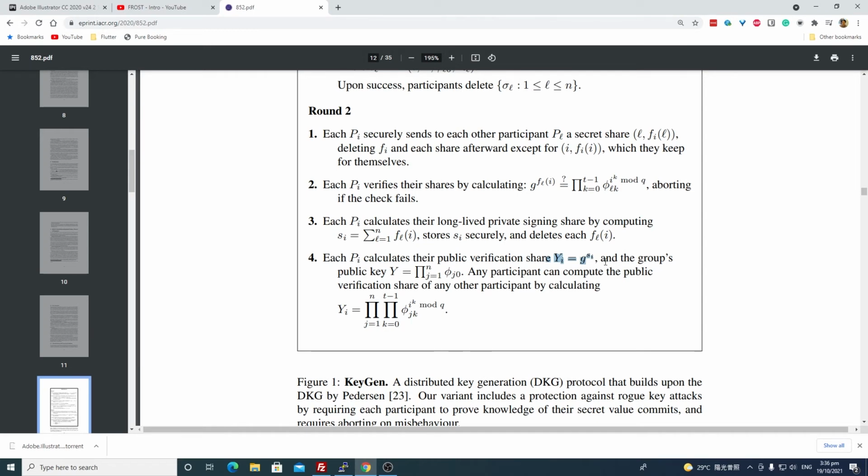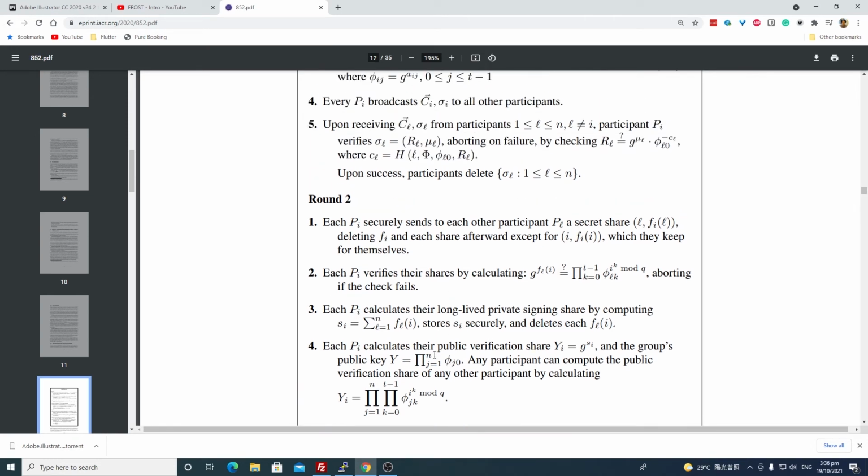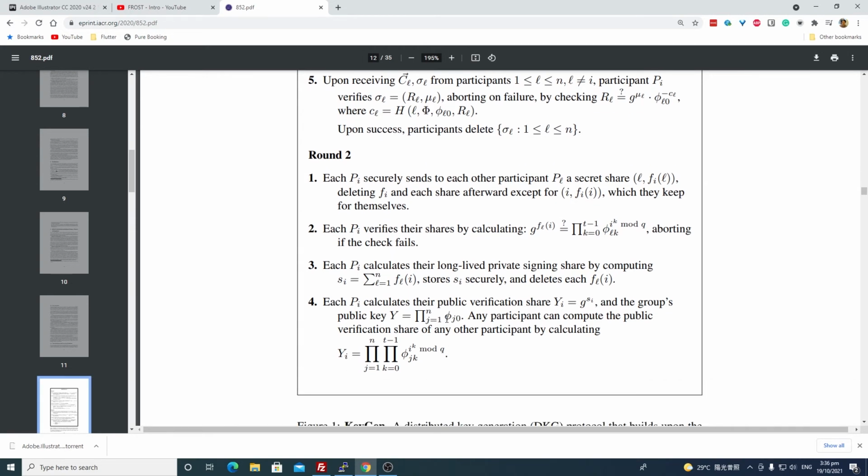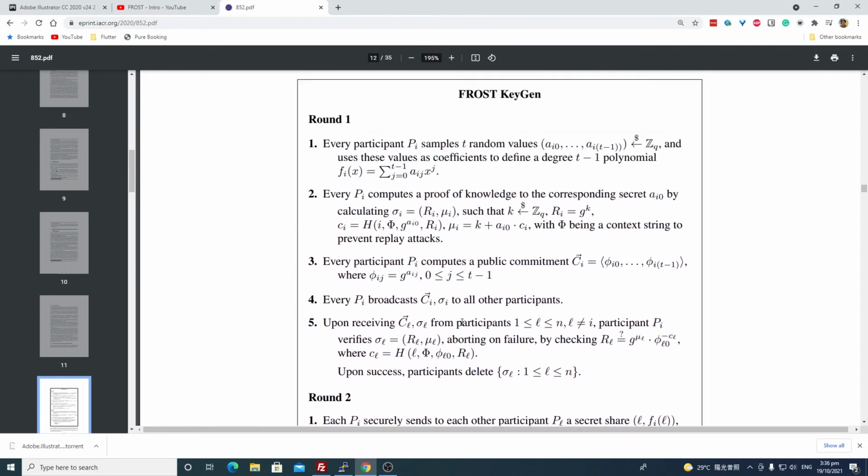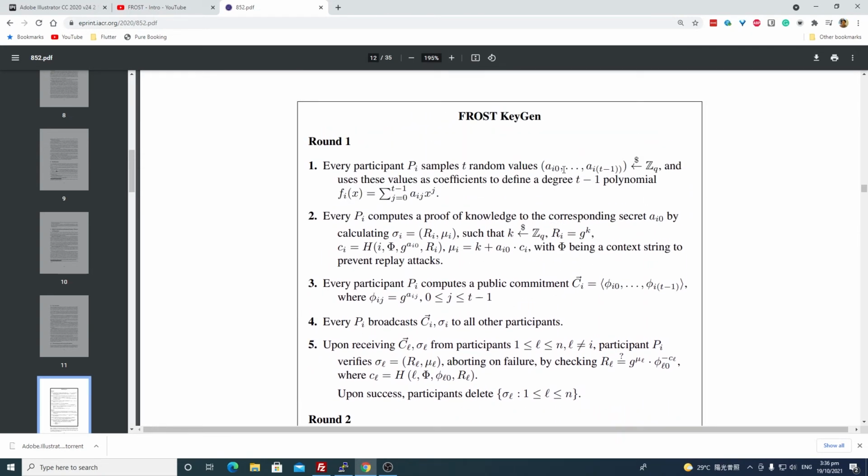So these terms, I don't really know why we need that. Maybe later. And the group public key is the product of, or what's the product here? But essentially, since we're using summation for the group law, this is the same as saying that the secret is the sum. So the implied secret is going to be the sum of all these a_i0, right?